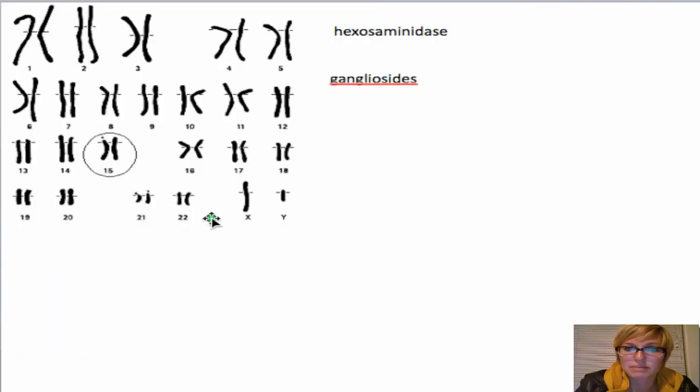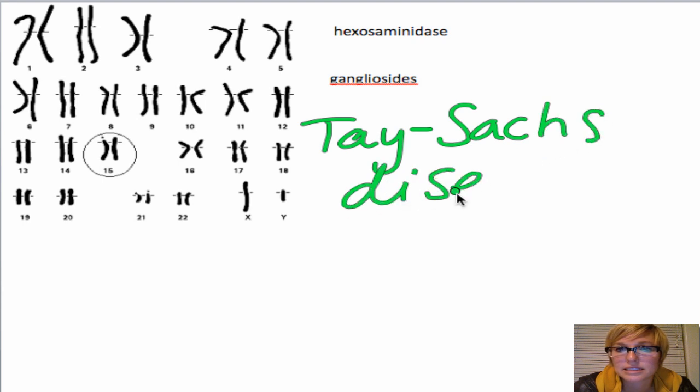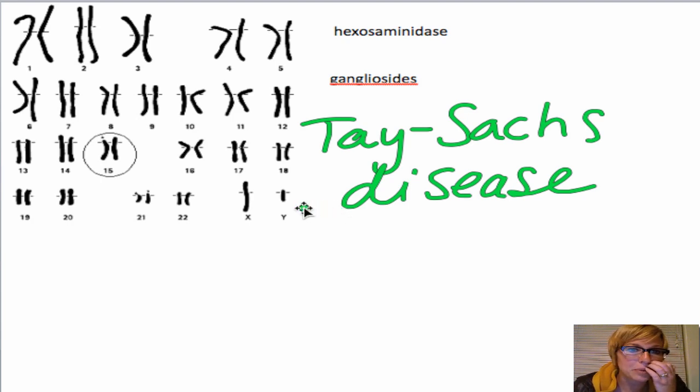I would like to talk about a genetic disorder called Tay-Sachs disease. It's a disorder where on the 15th chromosome, so you have 23 chromosomes total, on your 15th chromosome, there's a tiny mutation that codes for an incorrect protein.